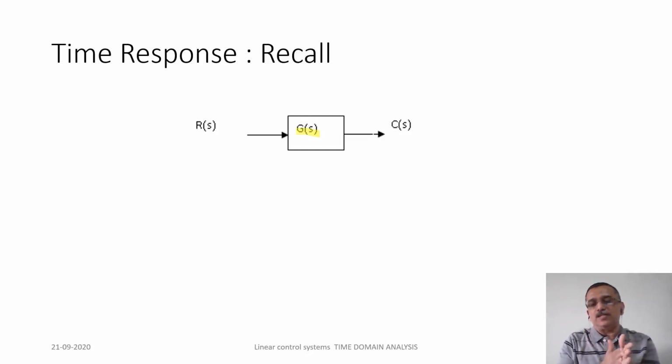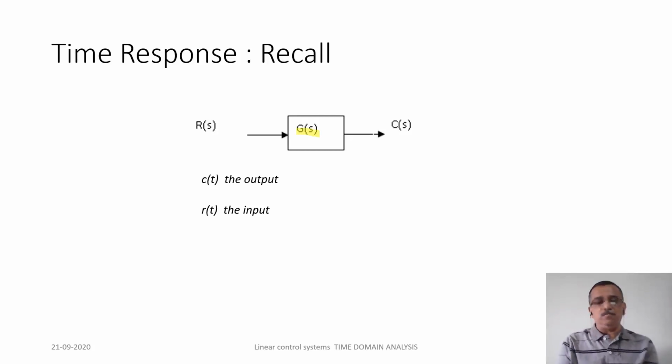We know that the transfer function is C(s) by R(s). We are not very happy with C(s), but we want c(t), that is, how the output is varying with time. That is what we are interested in. We want the output. That is what time response is all about.